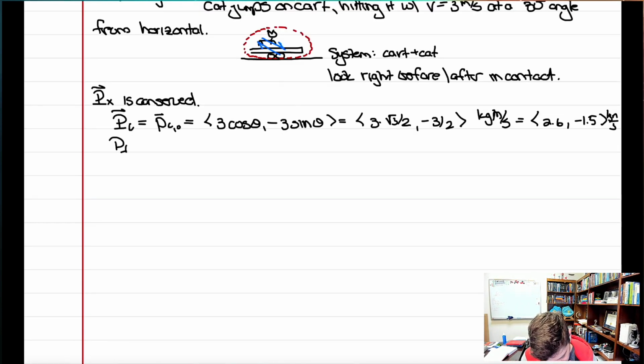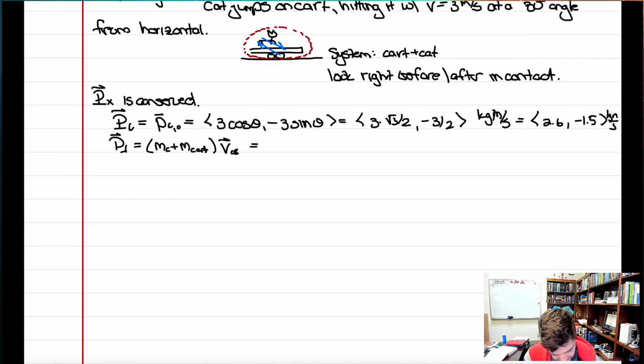The final momentum then is going to be, essentially they're moving as one piece, and they have the same velocity, if we say that the cat stops on the cart. So this looks like it's going to be m cat plus m cart multiplied by the velocity of the cat-cart, since they both have the same velocity.